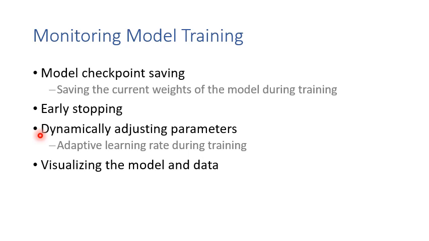Also, we can do early stopping. When we observe there's a possibility of overfitting, which means there may be a crossover of the validation accuracy and the training accuracy, we can do early stopping. Additionally, we can dynamically adjust parameters. We can use an adaptive learning rate.